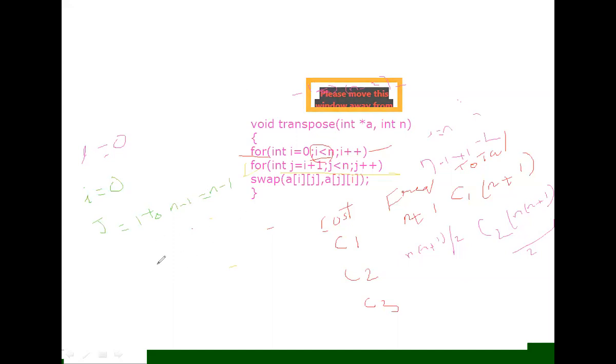Here we cannot consider the false conditions. When i equal to 1, j equal to 2 to n minus 1, that is we repeat n minus 2 times.